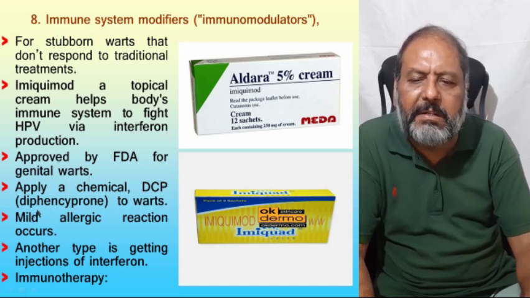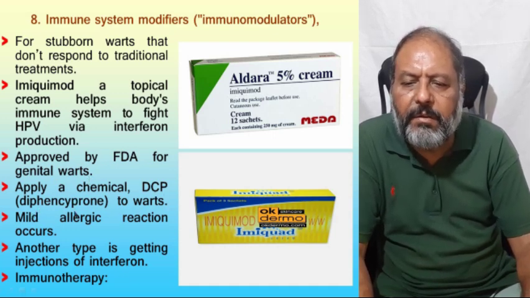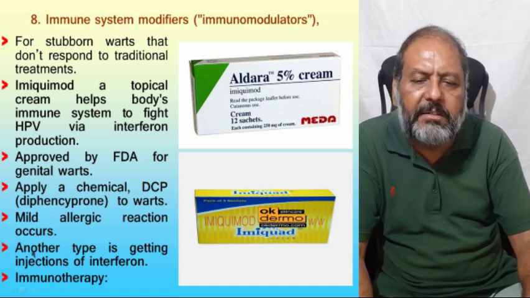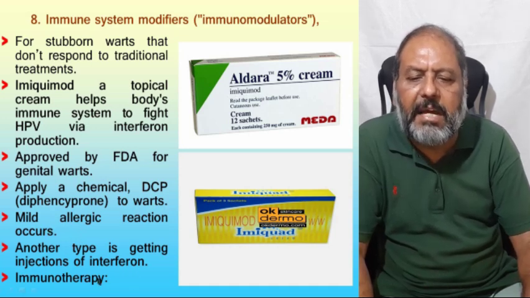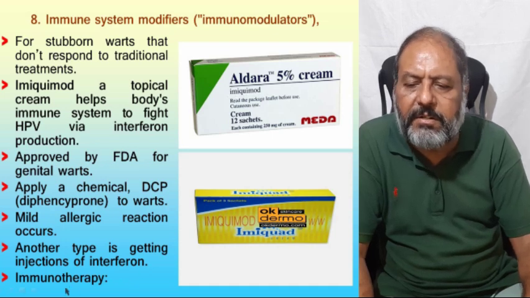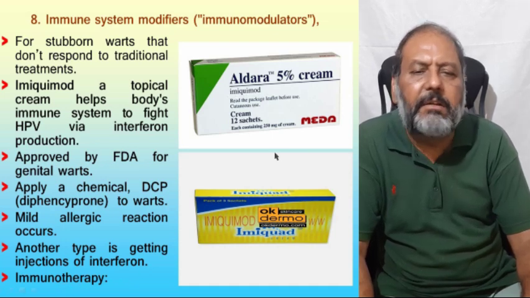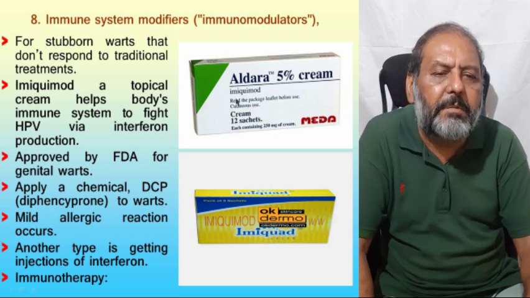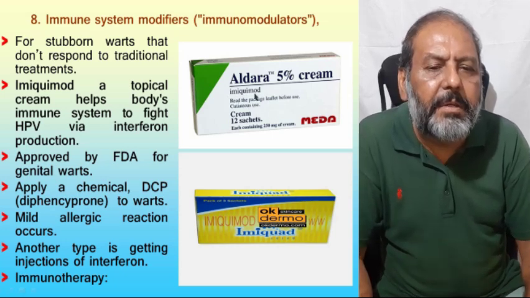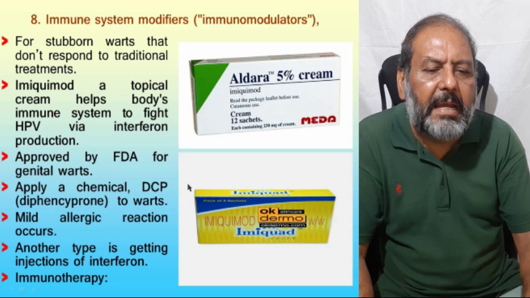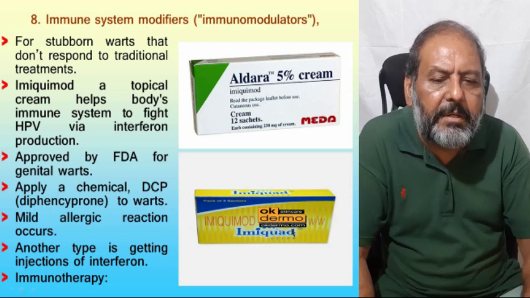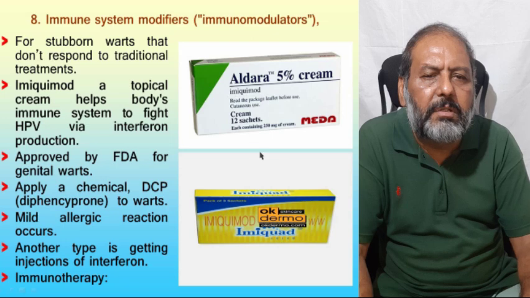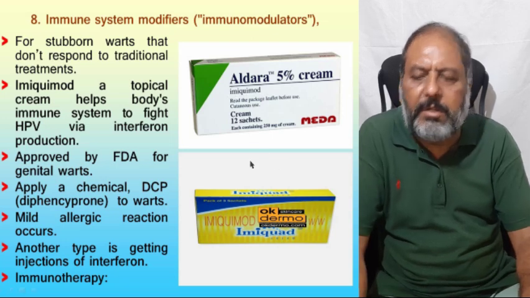Apply a chemical, DCP, diphencyprone, to the warts. Mild allergic reaction occurs. Another type is getting injection of interferon, and this is called immunotherapy. Aldara 5% cream, which contains imiquimod, and here the imiquimod is being used as an immunomodulator.